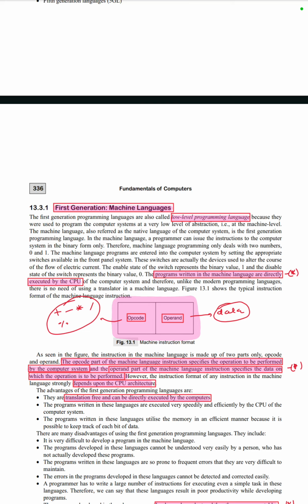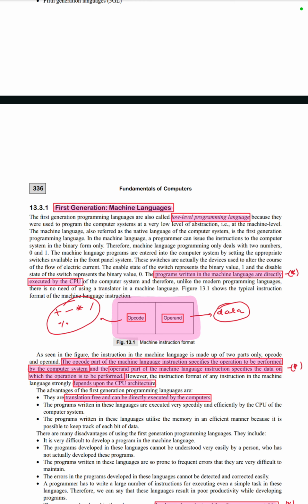So the operand is data. The opcode part of the machine language instruction specifies the operation to be performed by the computer system, and the operand part specifies the data on which the operation is to be performed.